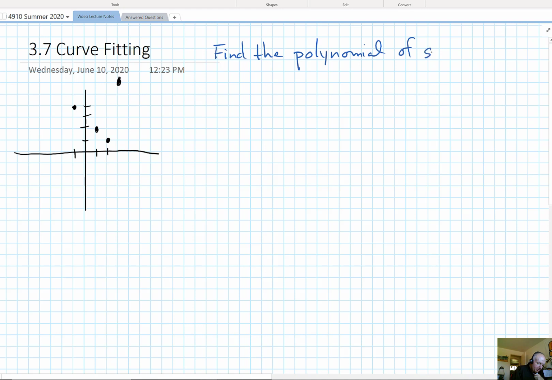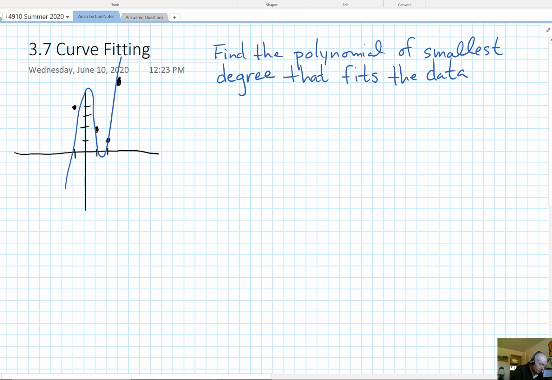So if we can do it with a degree 5 polynomial, we don't want to do it with a degree 7 polynomial. We want the smallest degree. We'll use this terminology: fits the data, or fits the points, or goes through the points. So can we find a polynomial that goes through those points?